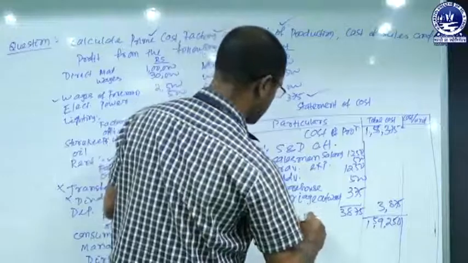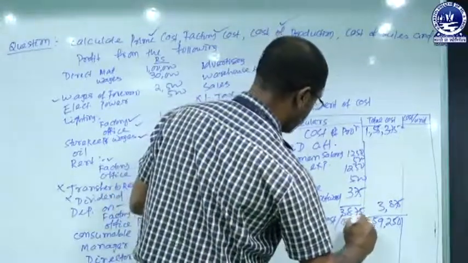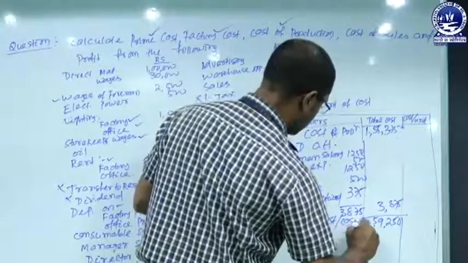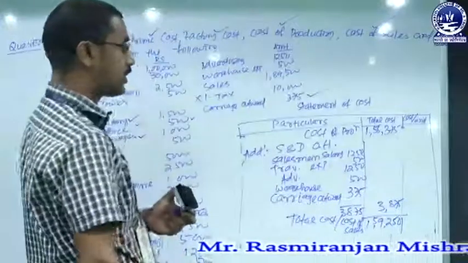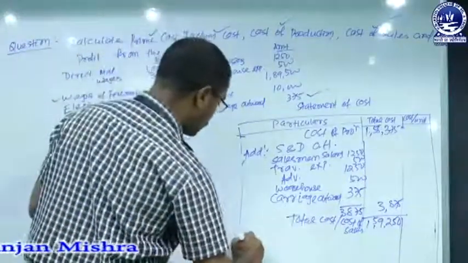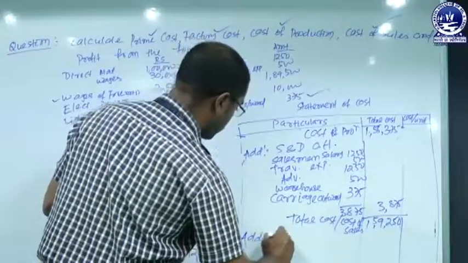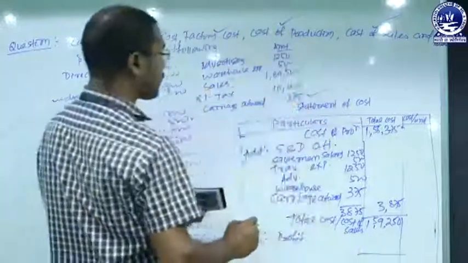This represents total cost or cost of sales. The question is, calculate cost of sales. The amount of cost of sales is 1,59,250.